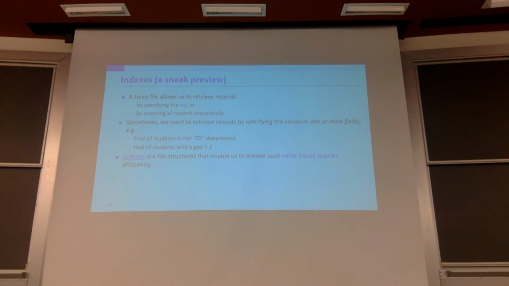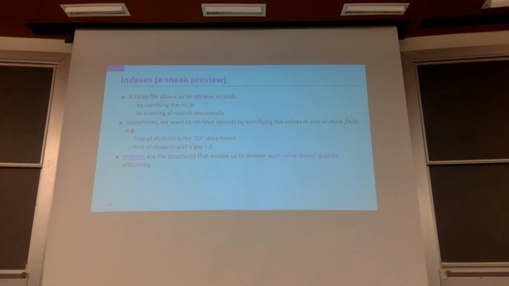Depending on the type of condition, if you have an equality condition, you can build a hash index or a B-tree index. If you have a range, then a hash index won't work. So you have different kinds of indexes which apply to different types of conditions.